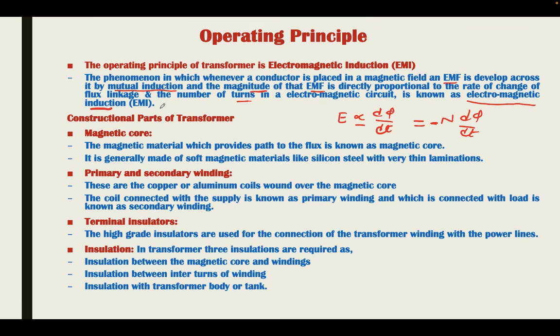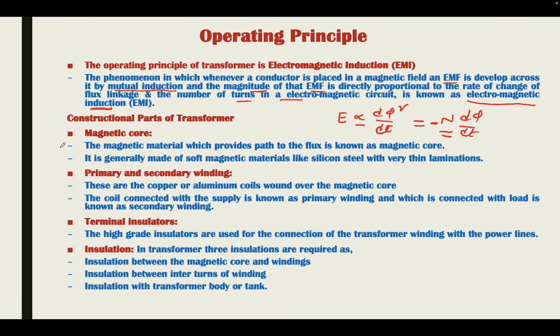In this way we can say electromagnetic induction has three parts. One, the mutual flux developed in one core and linking with the other coil. Then EMF is developed in the secondary because of the rate of change of flux linkage, and the magnitude of that EMF is always defined by the number of turns.